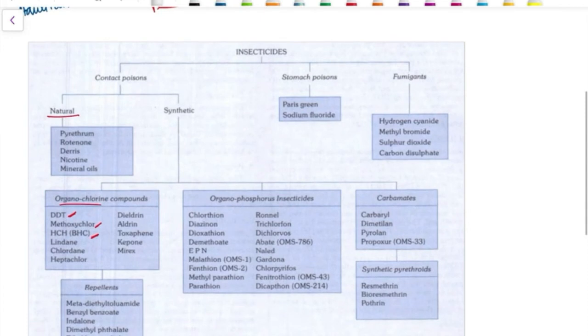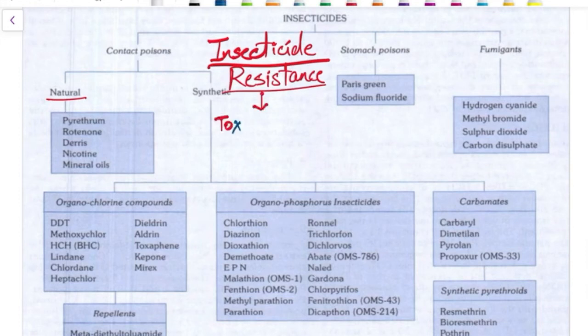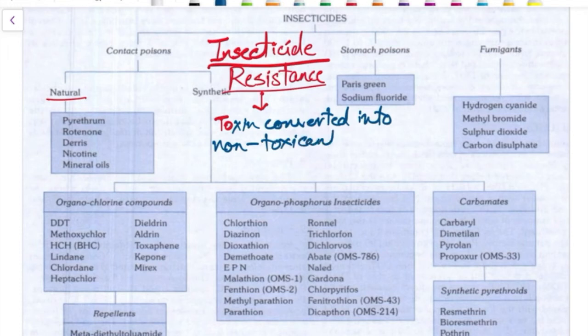Now I will be talking about insecticide resistance. Insecticide resistance can occur due to certain biological factors, and resistance occurs because the toxin is converted into a non-toxicant form in the body of the insect.